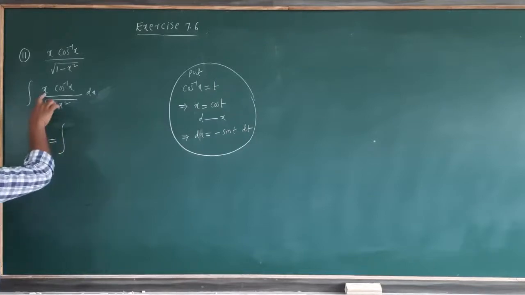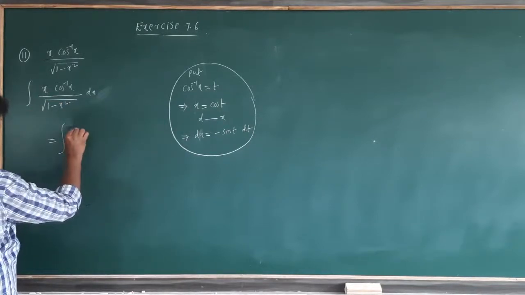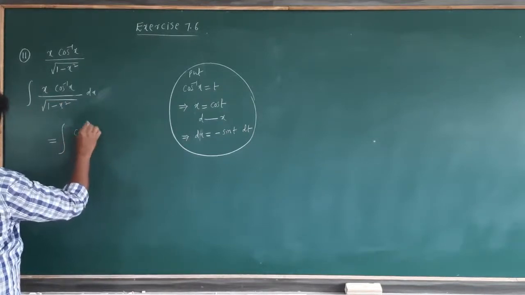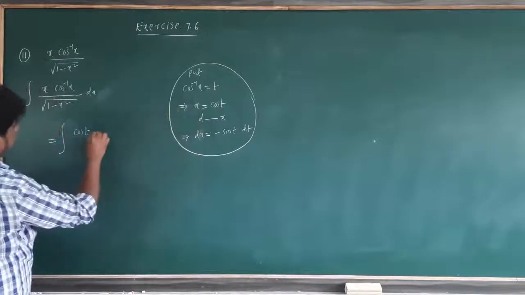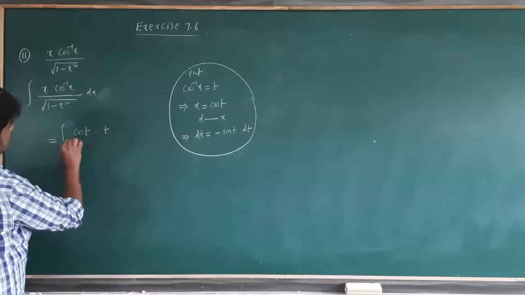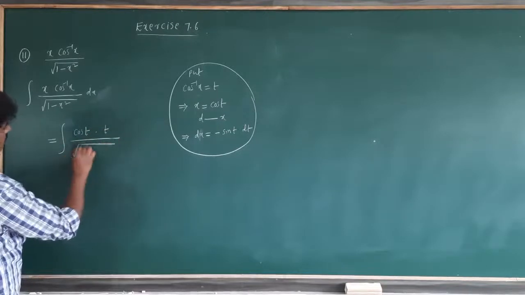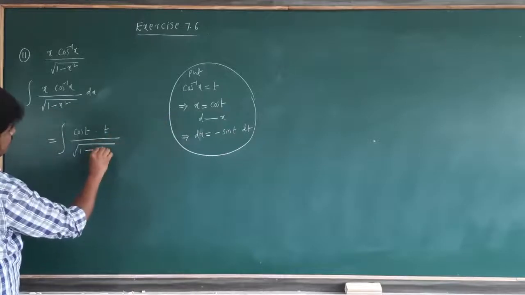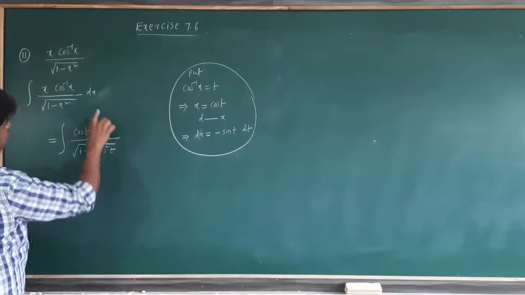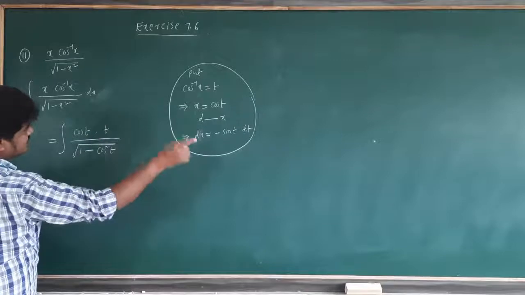So this one is: integral of x, x means cos t, cos inverse x means t, into t divided by root over 1 minus x square, that is cos square t, dx means minus sin t dt.